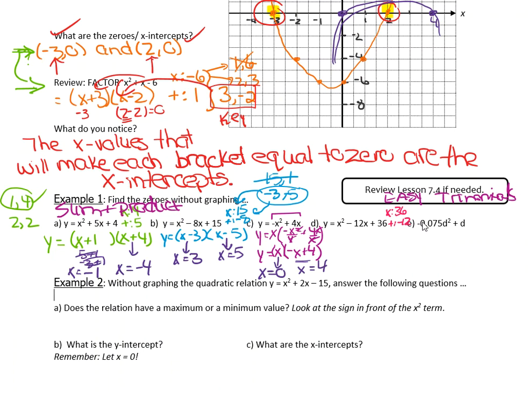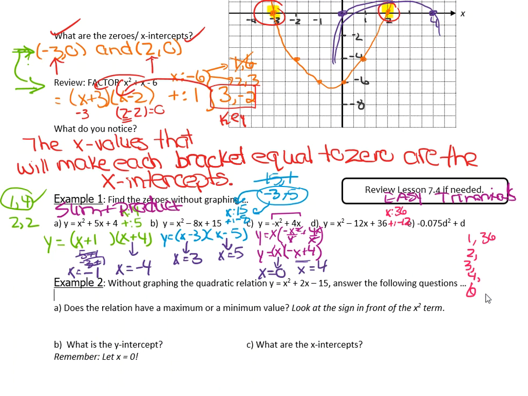You might need to do 36 divided by, well, the first one would be 1 and 36 for sure. Then get out your calculator, divide by 2, divide by 3, divide by 4. Keep going until you find a pair that will multiply to 36, but will also add or subtract to give you a negative 12.